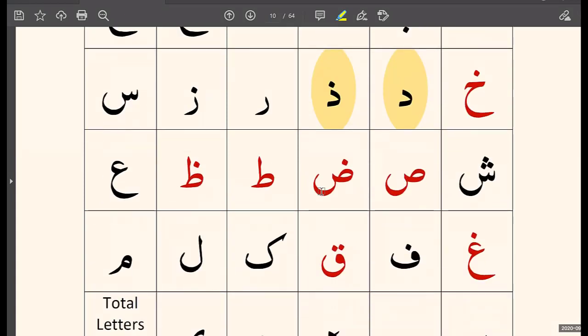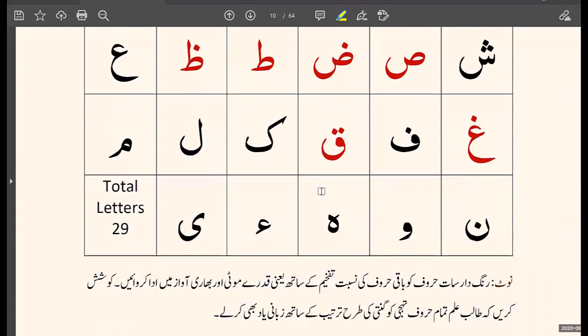These are the 7 permanently thick letters with a heavy sound, whatever vowel comes after them. And there are 3 letters which are variable: sometimes thick, sometimes thin, depending on the situation. Inshallah ta'ala, we will learn everything in steps, brick by brick.